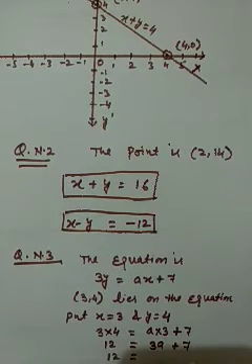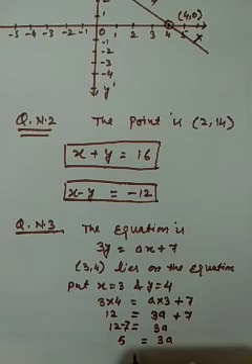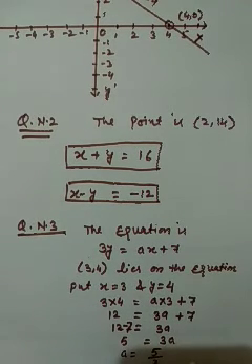Now this 7 is transposed to this side, so it is minus 7. So 5 is equal to 3a. Now you can write here a is equal to 5 by 3.